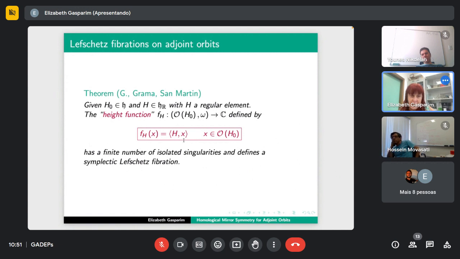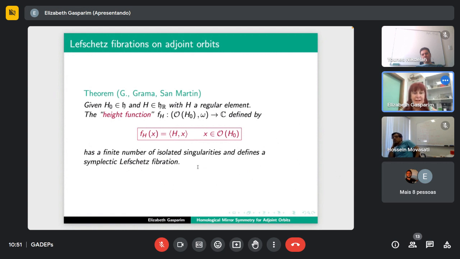So that's the function. Using this choice of symplectic form we made, we showed that this potential function gives the adjoint orbit the structure of a symplectic Lefschetz fibration. So we're in business. Now we have examples of Lefschetz fibrations in whatever dimension you'd like, as big as you want.